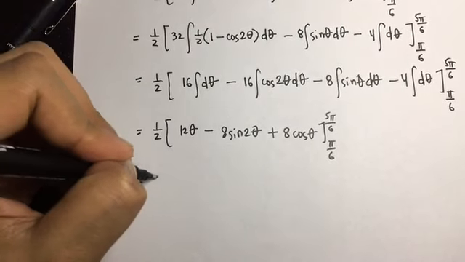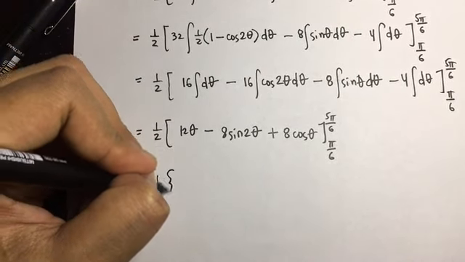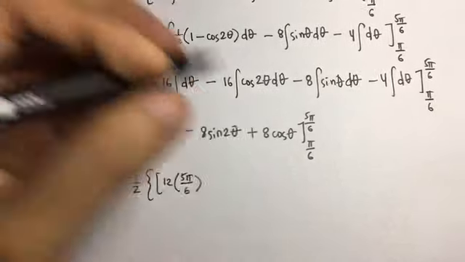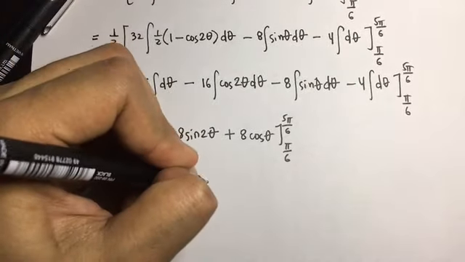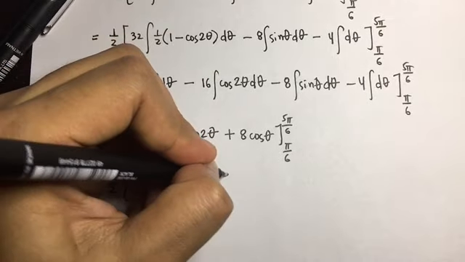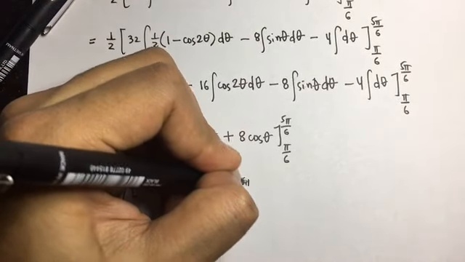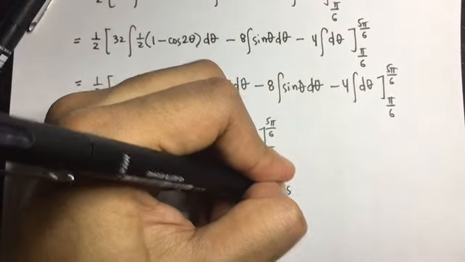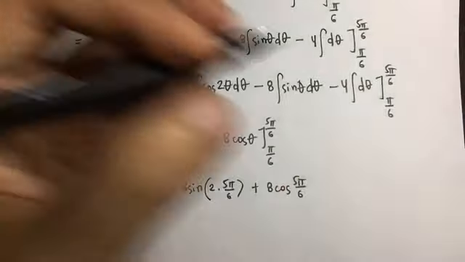Okay, so substituting the limit, we will have 1/2. So you have 12 times 5 pi over 6 minus 8 sine of 2 times 5 pi over 6 plus 8 cosine of 5 pi over 6.